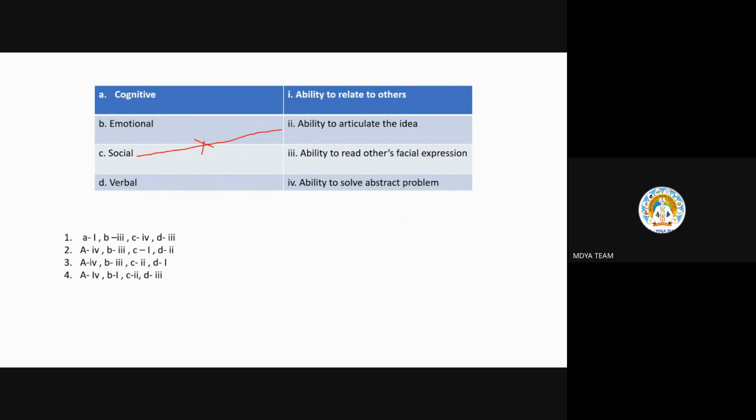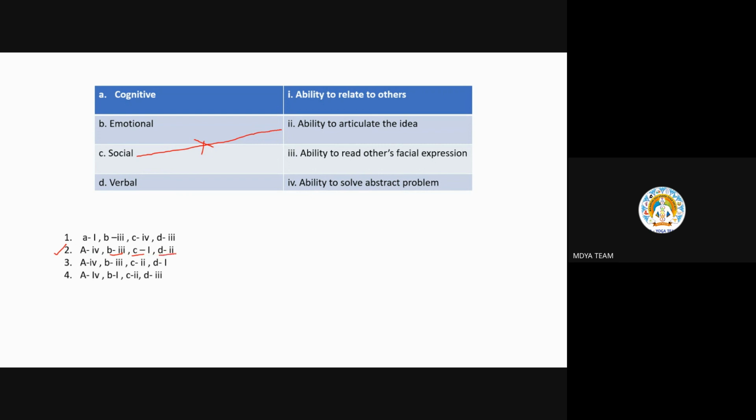So the correct option will be 2. The correct option is 2. Cognitive is the ability to solve abstract problems. Emotional is the ability to read others' facial expressions. And the social thing is what? The ability to relate to others. And verbal is the ability to articulate ideas.